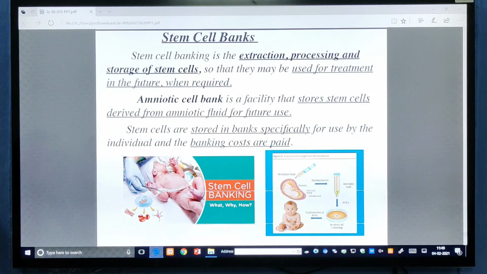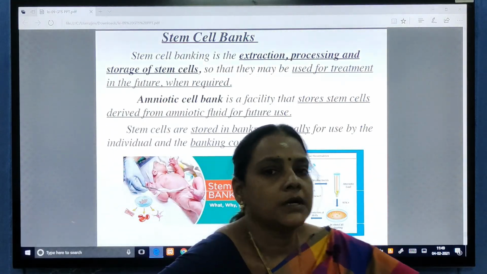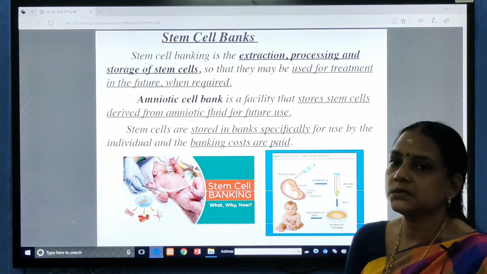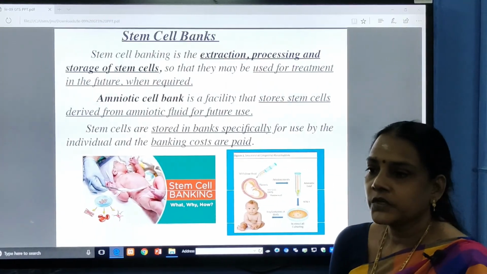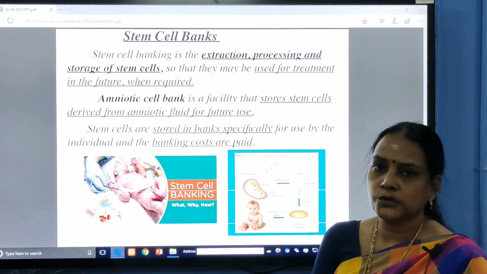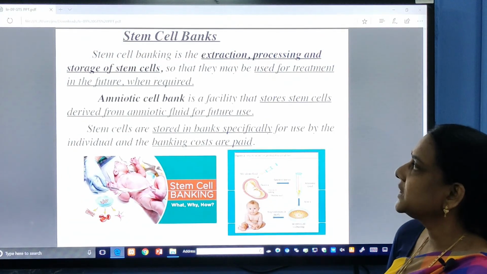Next you have the cell banks, the stem cell banks. You might have heard some ads recently on TV. They show ads saying you have to store your stem cells. Please donate stem cells. Please donate the cord cells. All this they advertise on TV for stem cell banking.